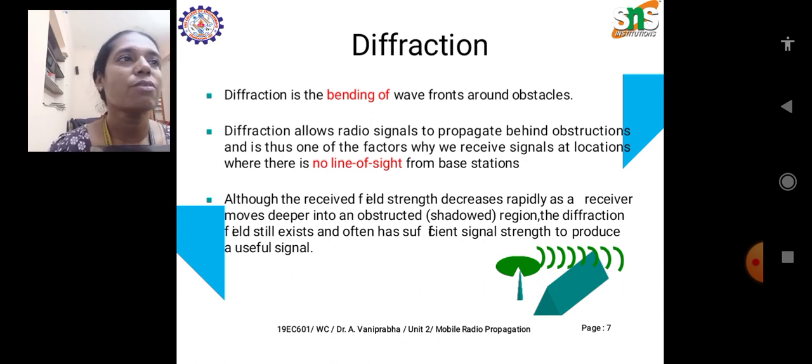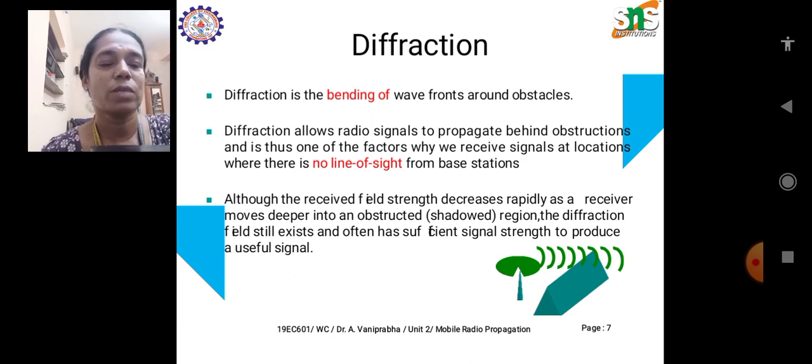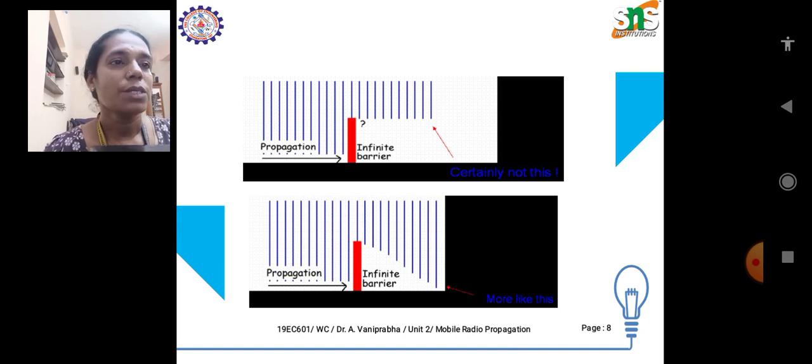Although the received signal strength decreases rapidly as the receiver moves deeper into an obstacle's shadowed region, the diffraction field still exists and often has sufficient signal strength to produce a useful signal. So this picture shows the tower and the propagation.